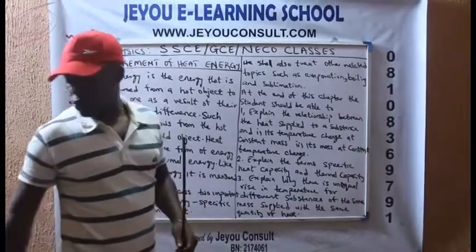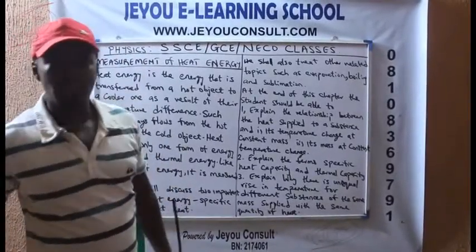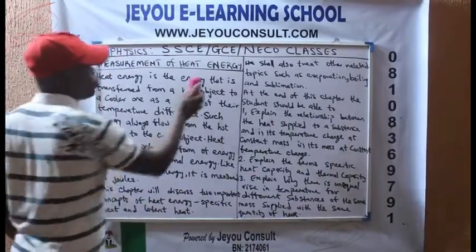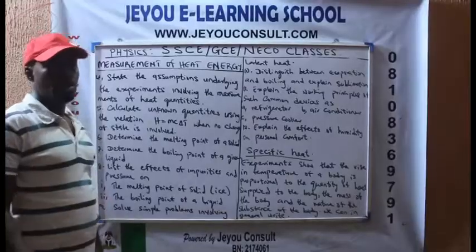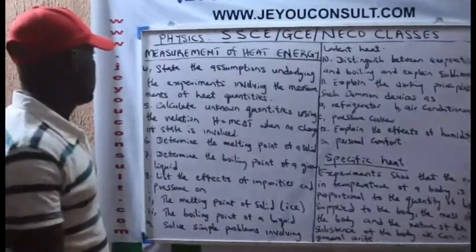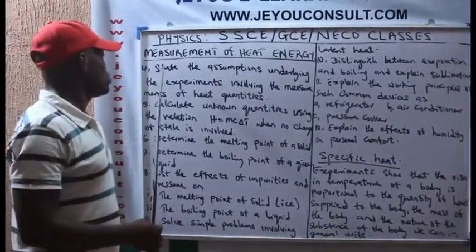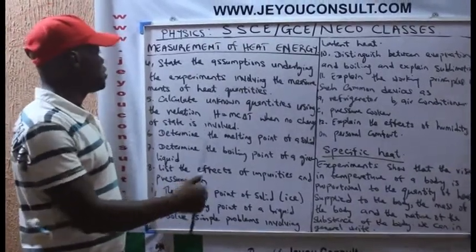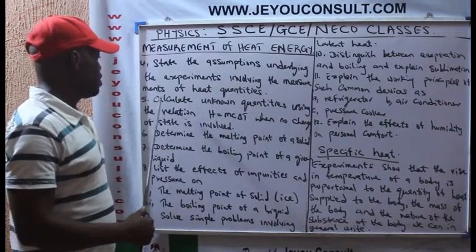As we go forward, we also see what we are expected to know at the end of this chapter. First, we are expected to state the assumptions underlying the experiments involving the measurement of heat quantities.